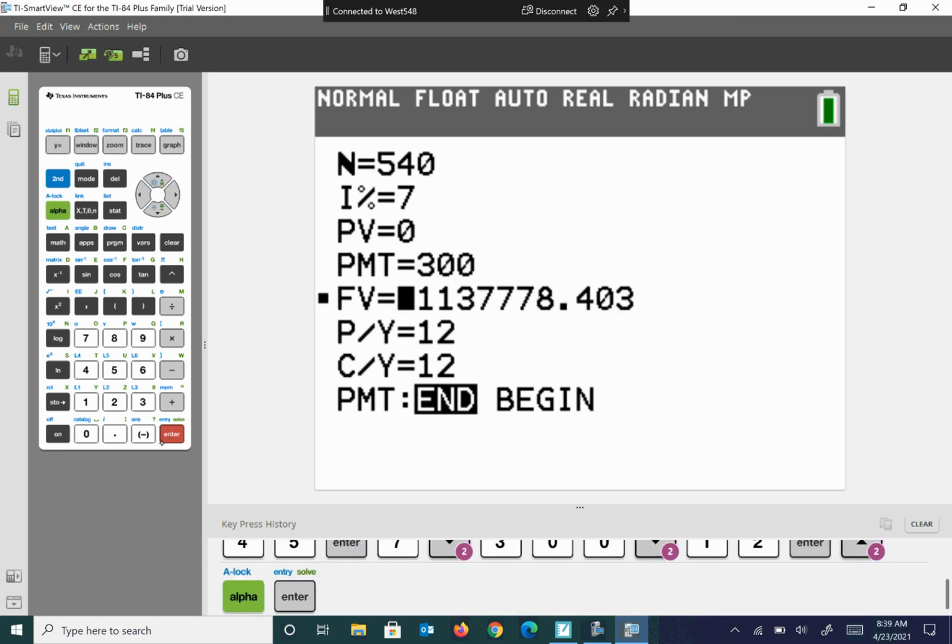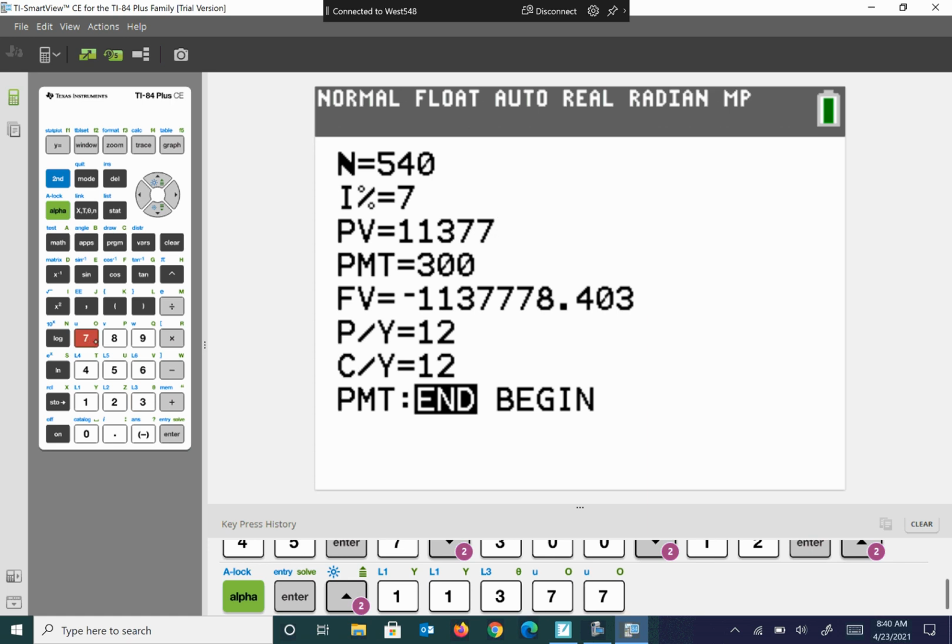That is $1,137,788.40. Now, what I'm going to do is I'm going to take this value, I'm going to put it right here.